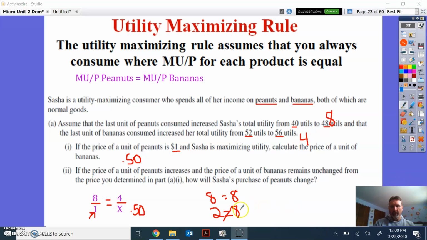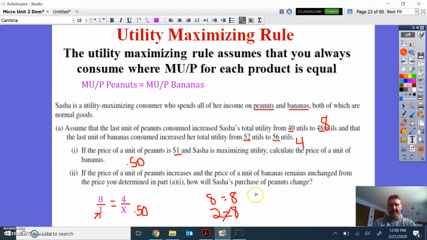So the question is now, how do you get these to be equal, or closer than they are right now? Well, this comes back to the idea of diminishing marginal utility, which is the more of something that you have, the less you value it.